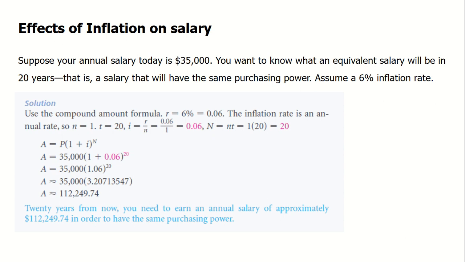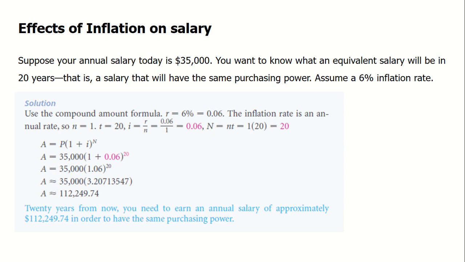So how much should your salary be in 20 years if you want to be able to buy the same things and afford the same services? If you want to have the same purchasing power, let's assume that the inflation rate is 6%. So again, your r before was your compound interest, but in inflation problems, your r is your inflation rate. So your r is 6%, 0.06 in decimal form.